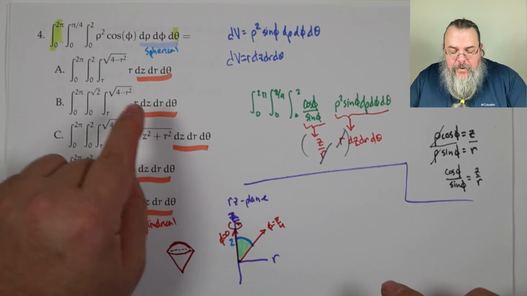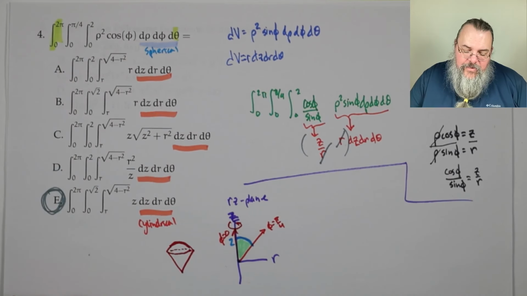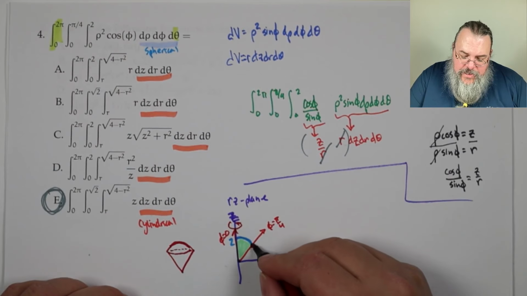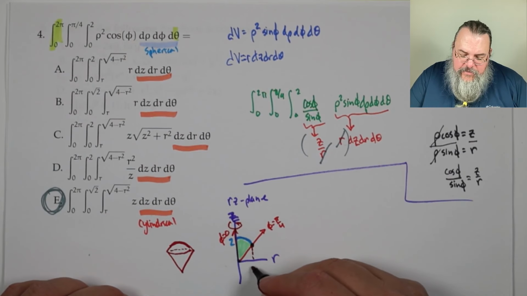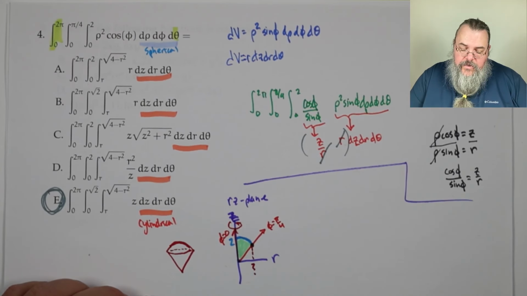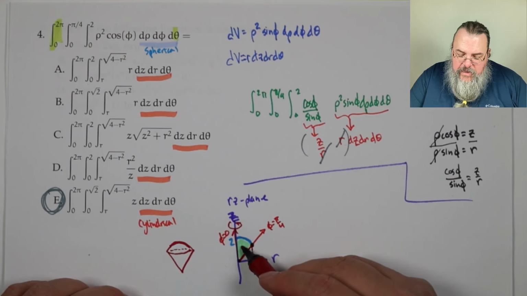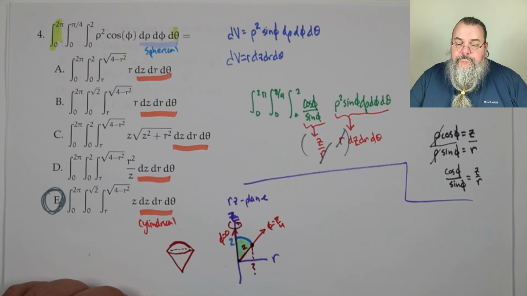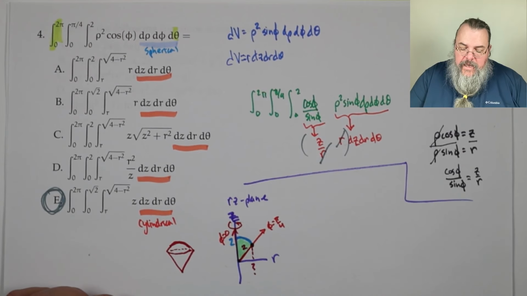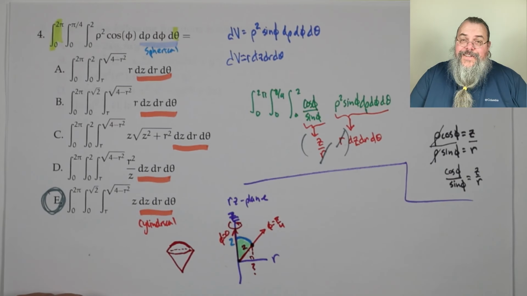Now let's figure out what's going on with our bounds. Well, we have to say, where does R go between? Where does Z go between? So, question, how can we figure out this value here? Well, what do we know? We know this goes out distance 2, so this has length 2. And we know it's a 45, 45, 90 triangle.